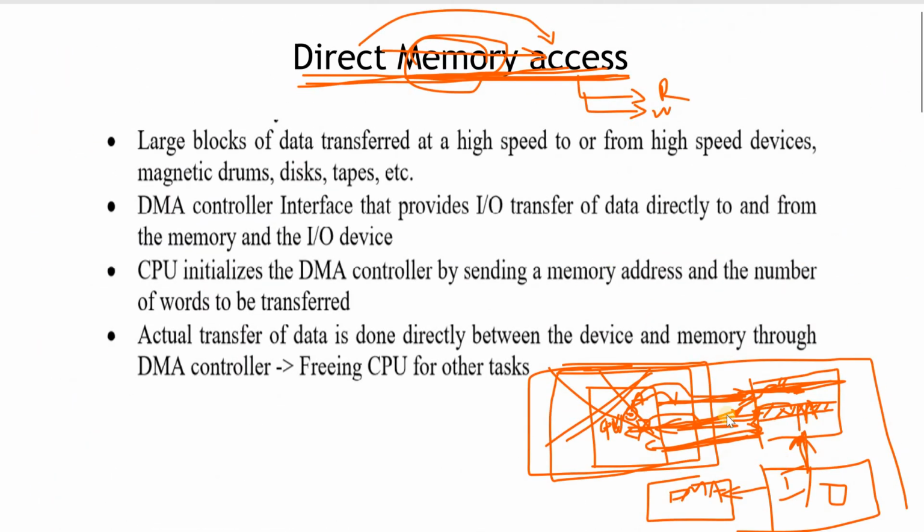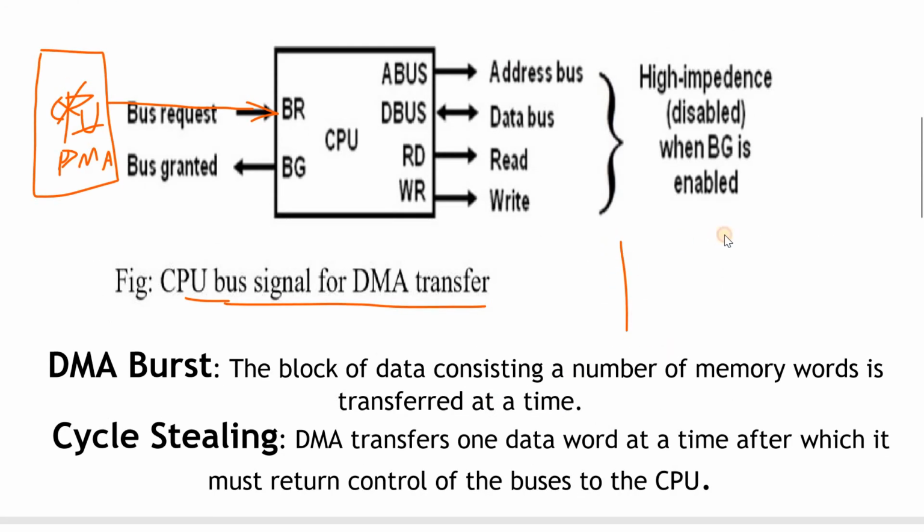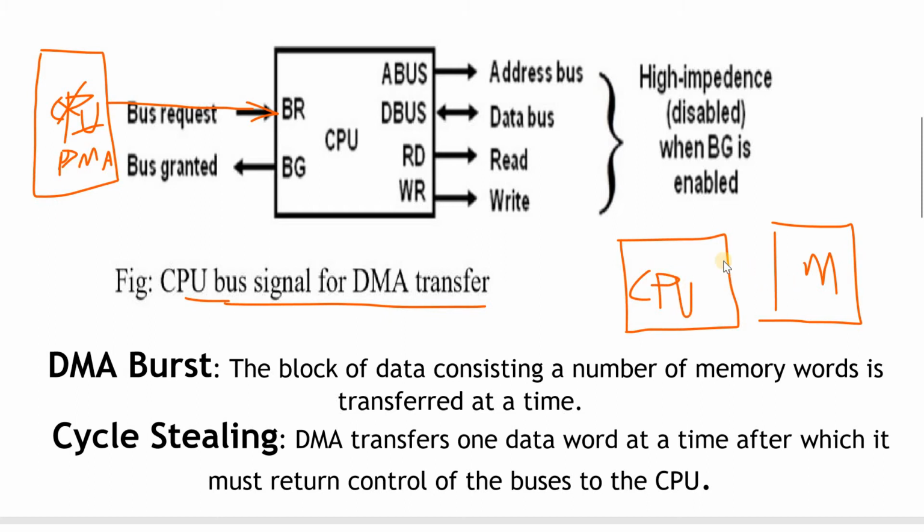As per this analysis, I will draw the block once again. This is a very important point. This is memory and CPU. Initially the address bus, data bus and control bus are connected with memory and handle the operation, without involvement of the DMA controller.